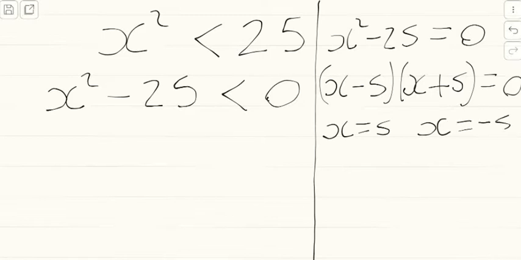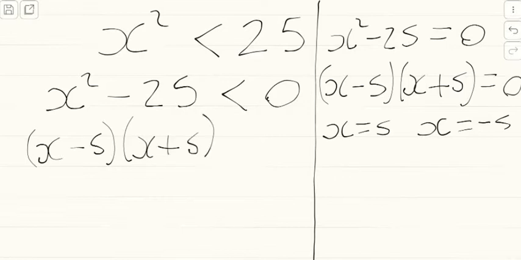Okay? Now we can factorize this x squared minus 25 to x minus 5, x plus 5. I'm actually just going to draw the graph of x minus 5, x plus 5.